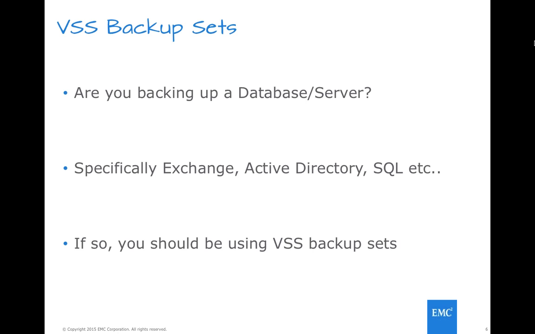When the Exchange server goes through transactions, so if you send an email, receive an email, delete an email, move an email from folder to folder, they're all transactions in the Exchange server. So all of those need to be tracked.